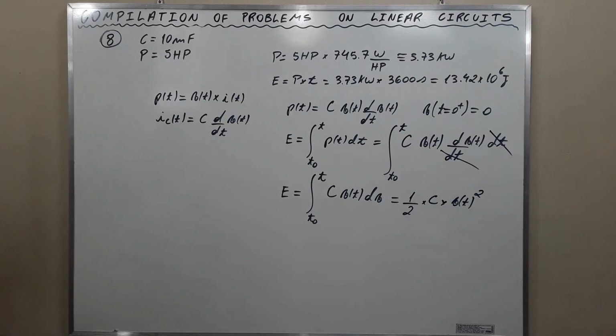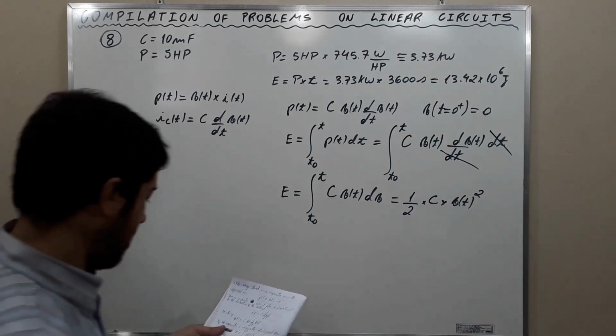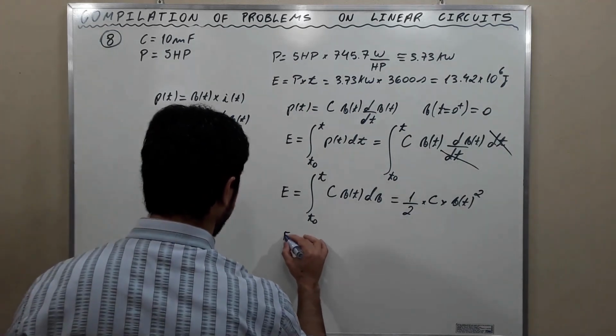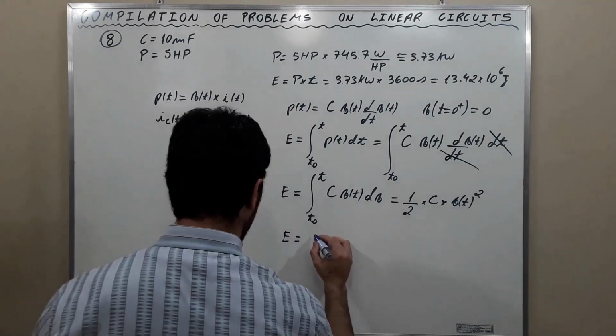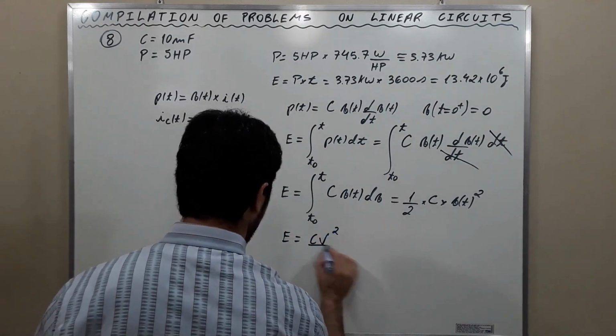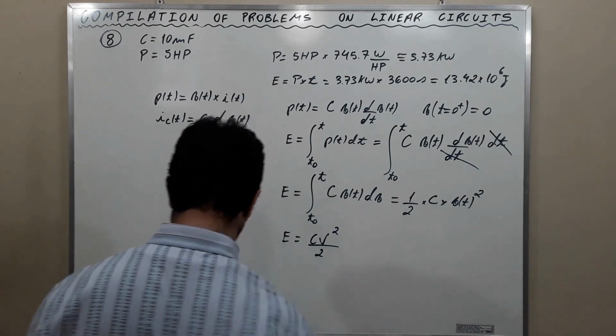We find this expression in reference textbooks in electrical engineering or in physics as E equal to CV squared over 2.